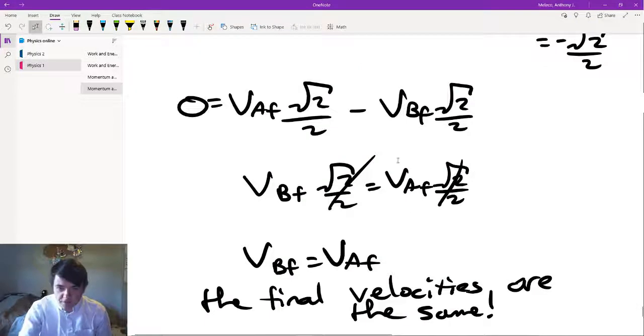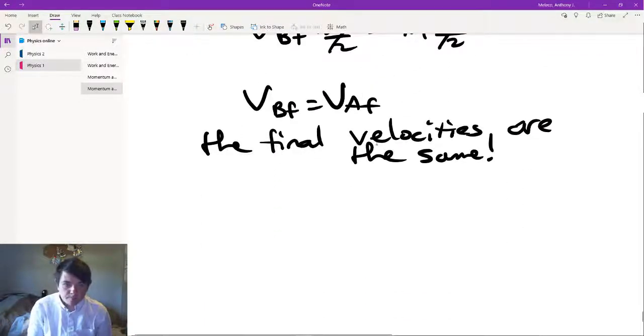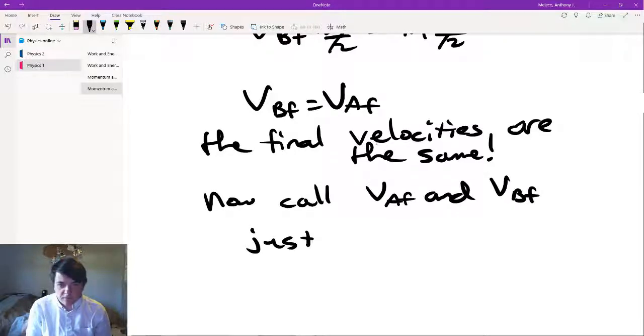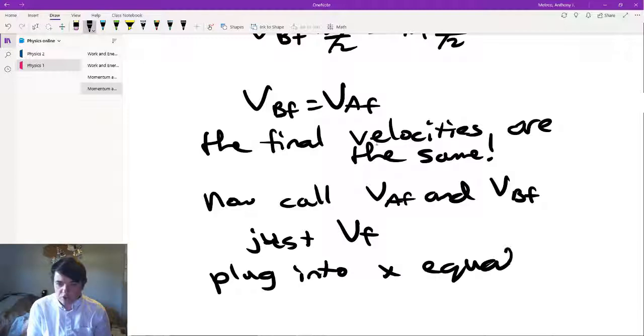So now call VAF and VBF just VF, because now they're the same. Plug into the X equation. Okay, so now we have to look at the X equation.